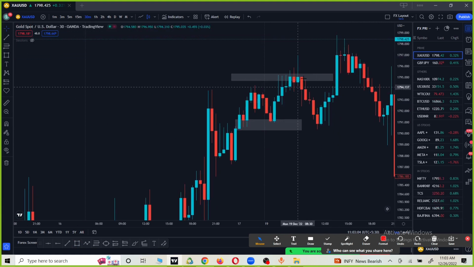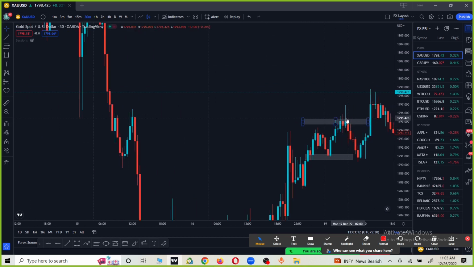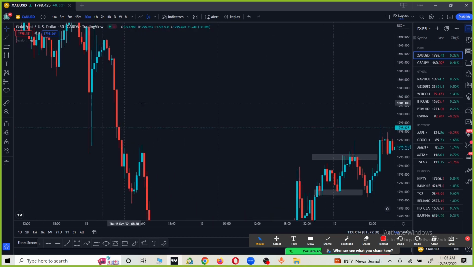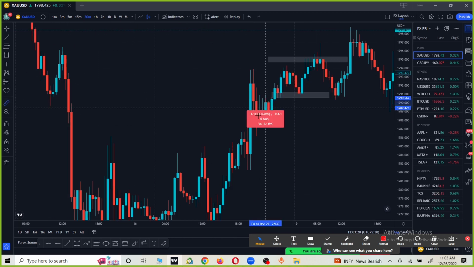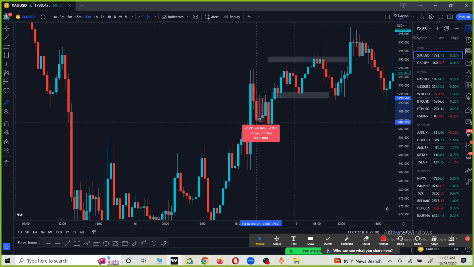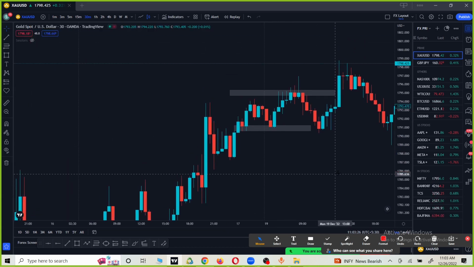So what I need is either a close above this resistance or a close below this support, because if we close above this resistance, we have a clean range on the left-hand side. If we close below this support, we have a range of minimum around 28-30 pips until here, and then we have another range below that point.